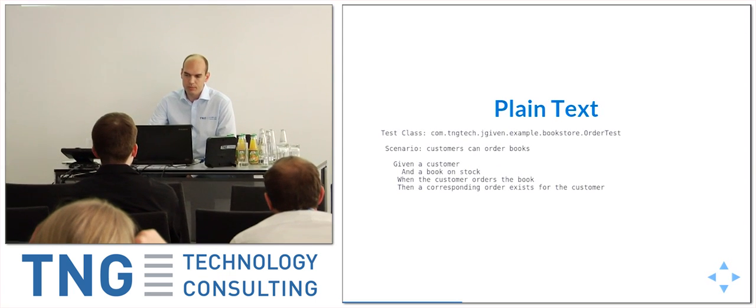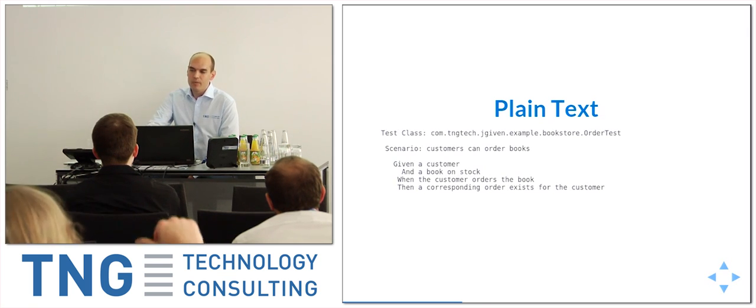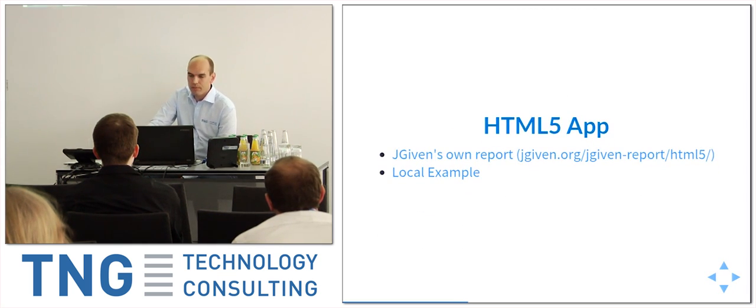So I hope it works. The problem is a bit that the resolution is very low here on this beamer, so you only see the mobile version, actually. But that's how the report actually looks like. The HTML report, you have your scenarios, and you can click through them.